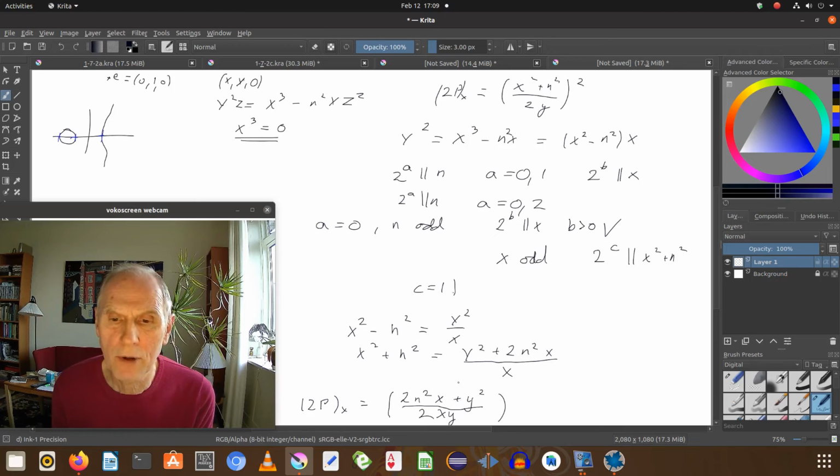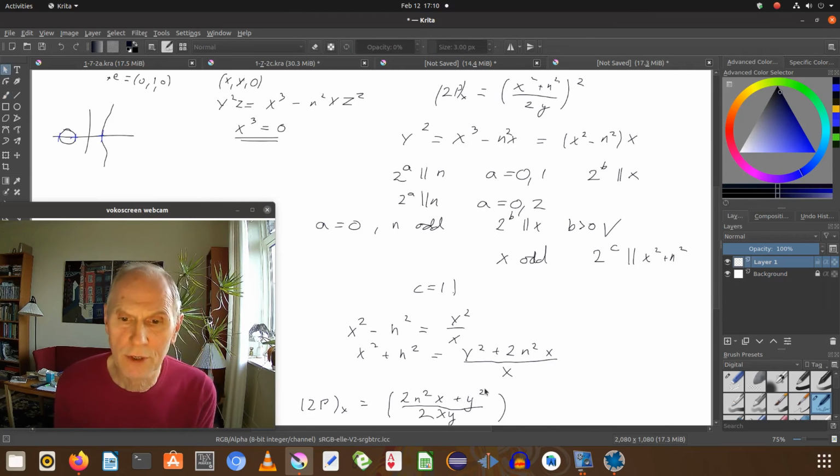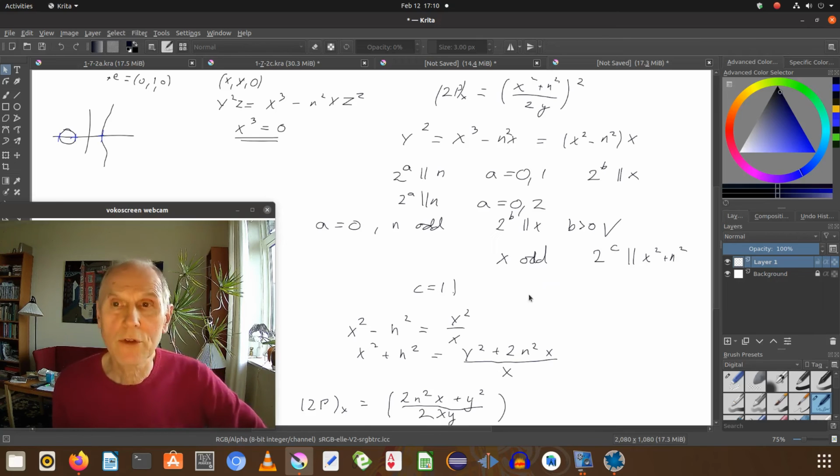So if y has a positive factor of 2 in this expression, naught goes as well, then the 2 cancel here. My God, I'm not used to thinking like this with rational numbers.